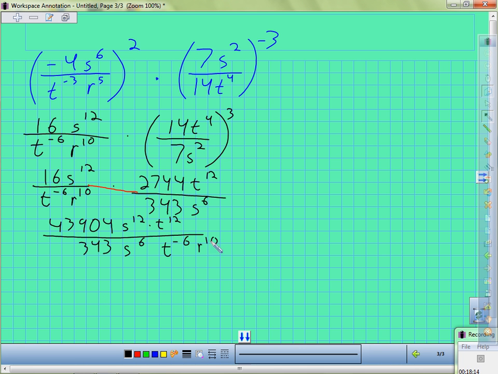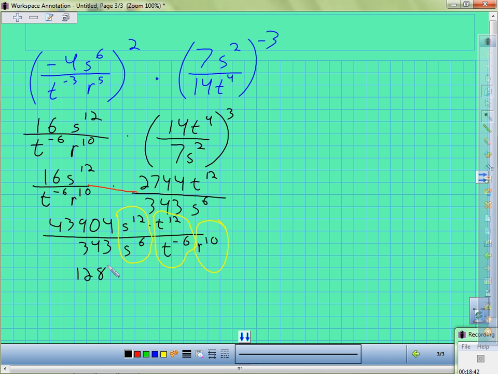Because then I can go through and look at those, and then those. So, I'll simplify down. When I divide that, I get 128.